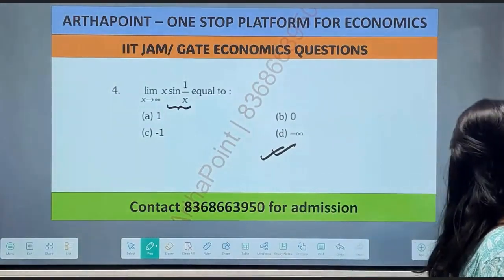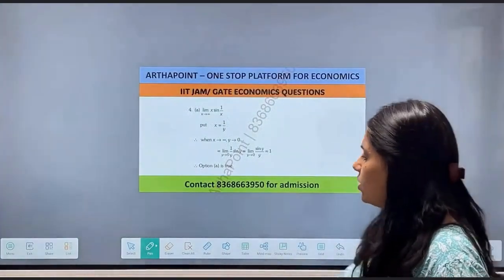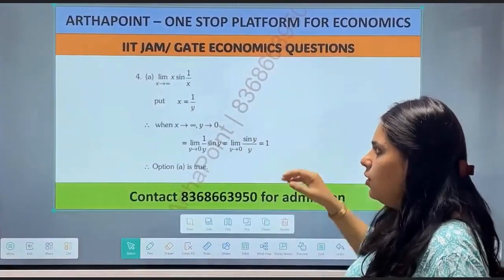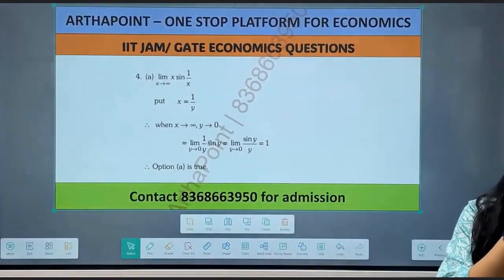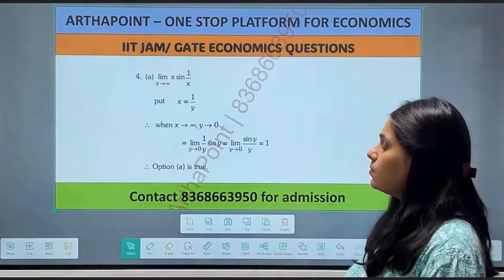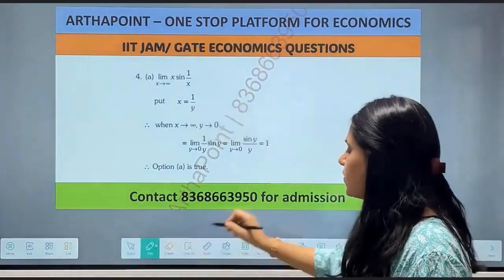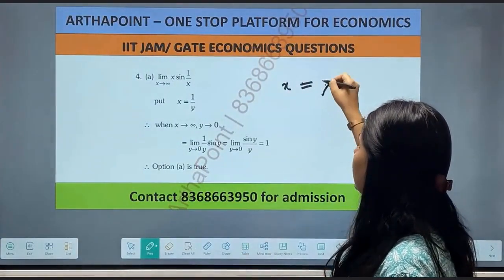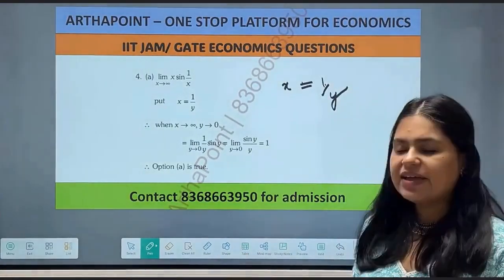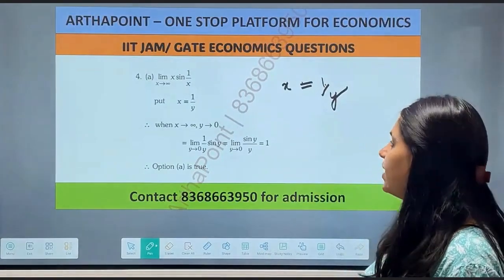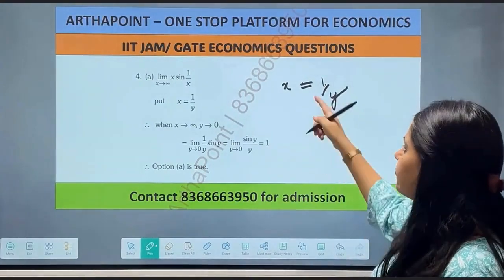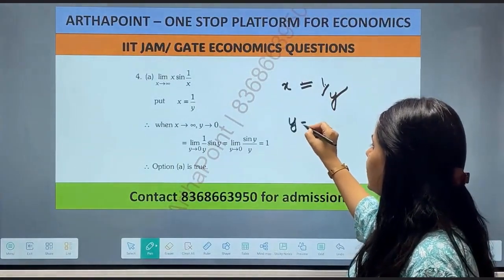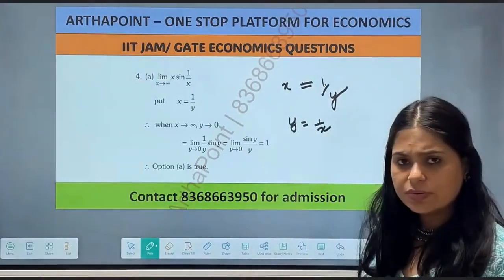Let's try this. What I am doing here is a bit of substitution. I have taken let x is equal to 1 by y. So beta, if x is 1 by y, then that means y is 1 by x, right?